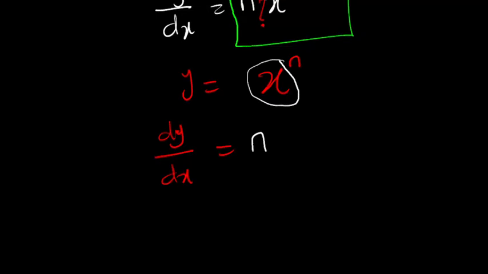If you differentiate ordinary x raised to power 1, what are you going to have? You have 1 times x raised to power 1 minus 1, and that is x raised to power 0, which is 1. That means we also differentiated this x as well.